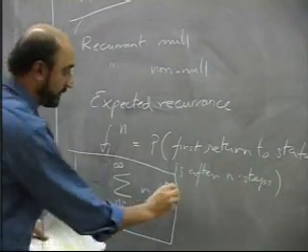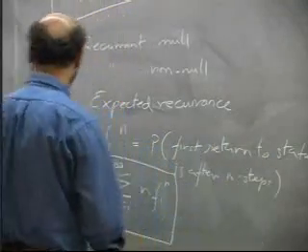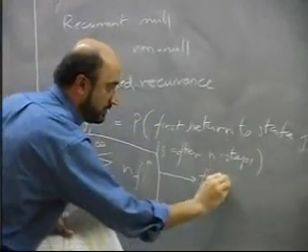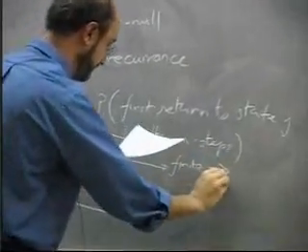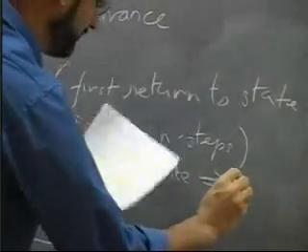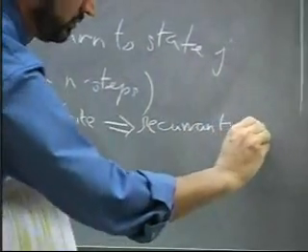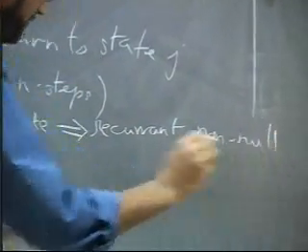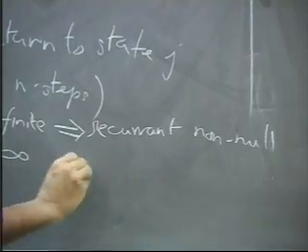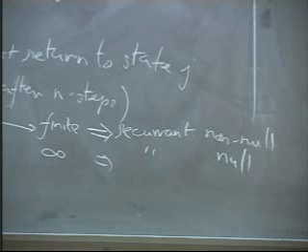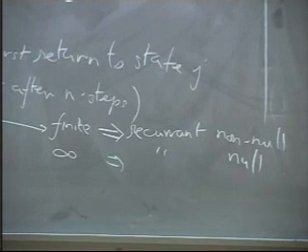So if it's finite, it's called recurrent non-null, and if it's infinite, recurrent null. I should point out that recurrent null is again a pathological case.